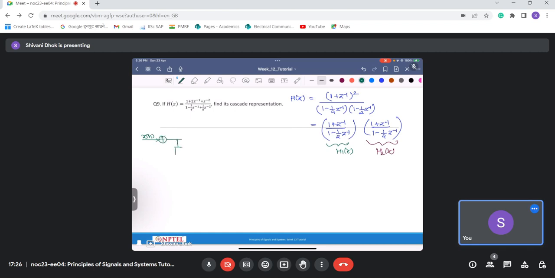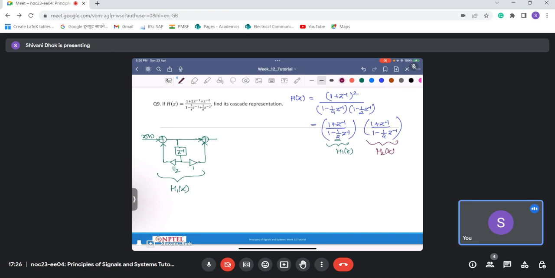I have a delay block of 1 unit followed by a gain block of this factor 1/2, which gets added here, and then I have a delay block here, a factor of 1, which gets added here. So this is my H1(z), and after that I'll construct this H2(z).